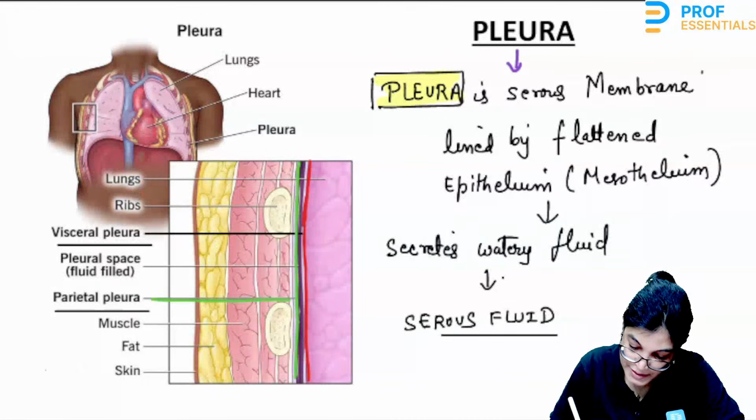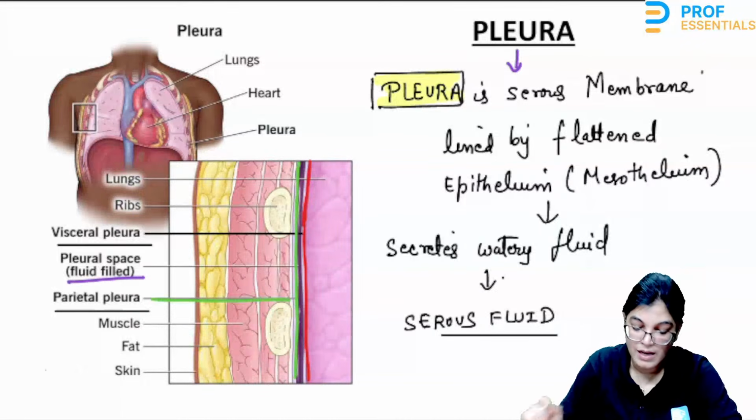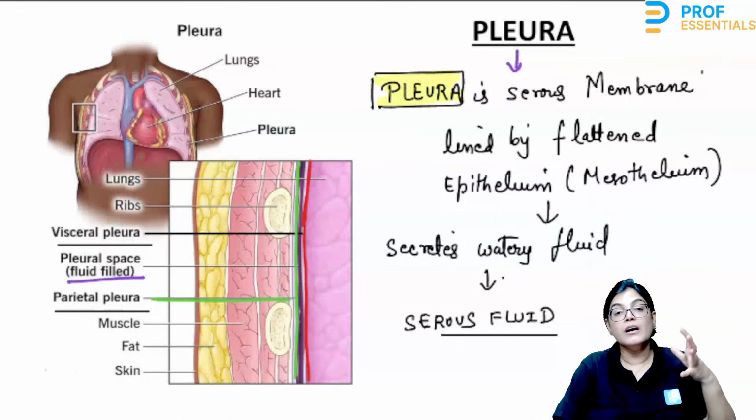The outer is the parietal pleura, and the space lying in between these two structures is the pleural space, which contains the pleural fluid.